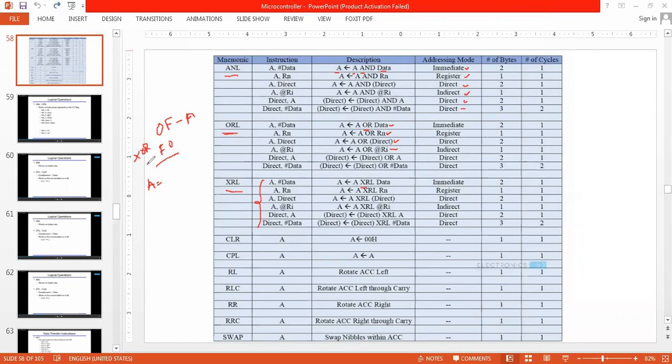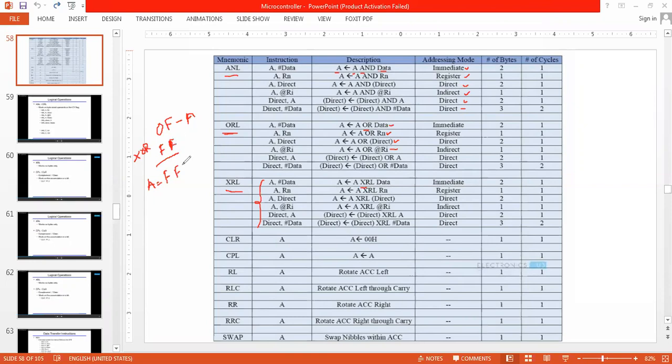XRL between 0F and F0, what will be the answer? It is again going to be FF only.